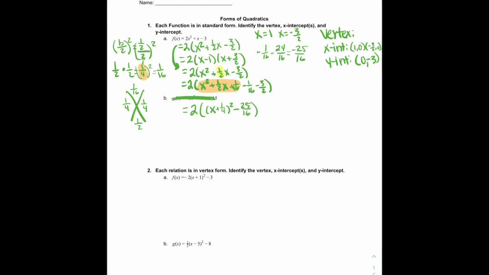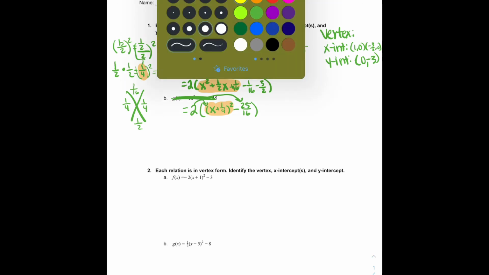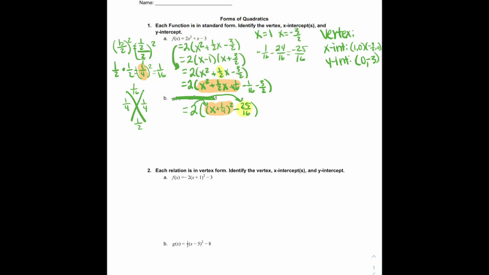All right, so I'm not quite in vertex form yet because I have this extra set of parentheses. So I need to deal with that. I'm going to go ahead and distribute this 2 to both terms. I only have 2 terms here. I have this term that's being squared, and then I have this term over here. So I'm multiplying both of these terms by 2.